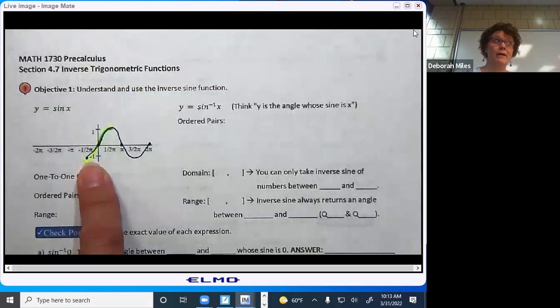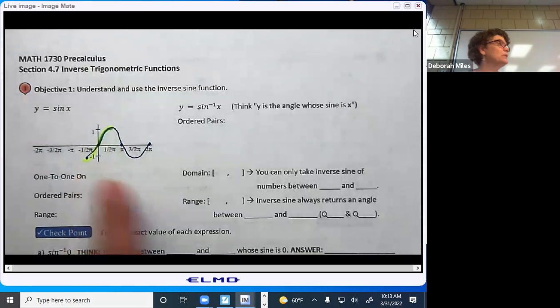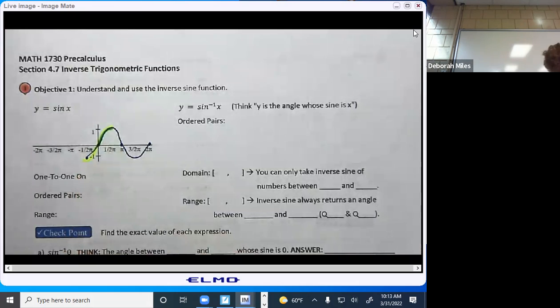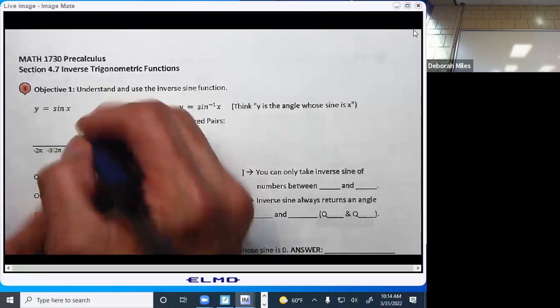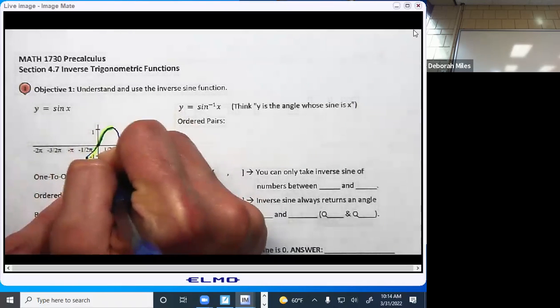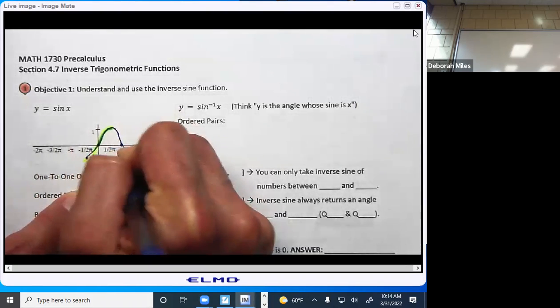Calculators are now programmed so that if you use the inverse sine function, it will always give you back an angle between negative pi over 2 and positive pi over 2. That's what our calculator is programmed to do. So sine is 1-to-1 on the interval from negative pi over 2 to positive pi over 2.